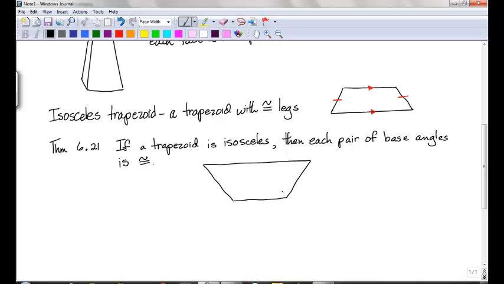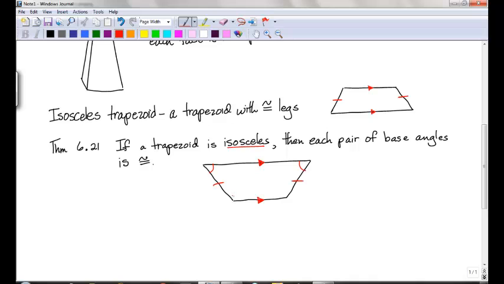It might look like this. These are still parallel, those are still the bases. Each pair of base angles is congruent. If this is isosceles, the legs are congruent. Now mark this angle congruent to this angle.